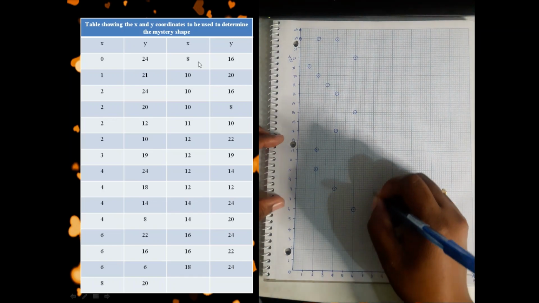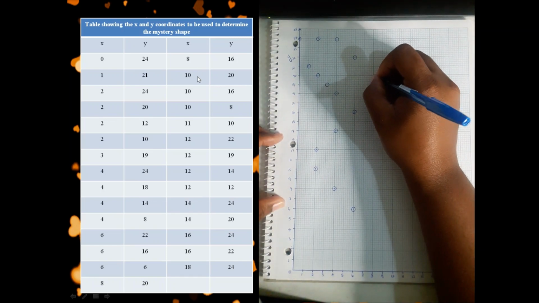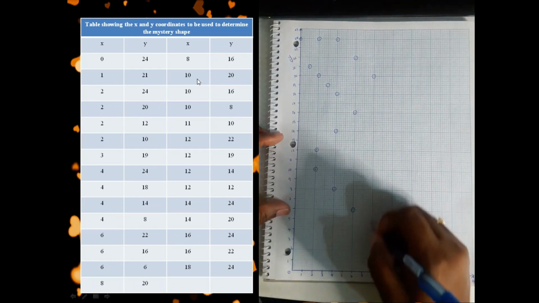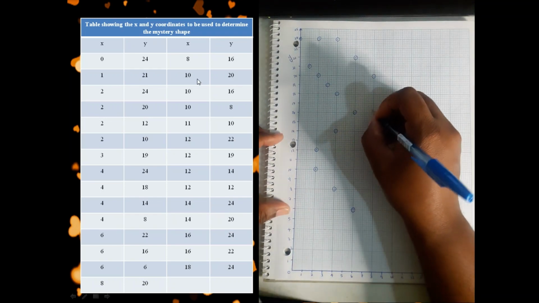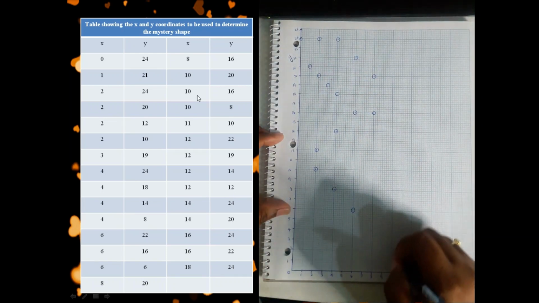Next point, 8 to 20. Next point, 8 to 16. Next point, 10 to 20.